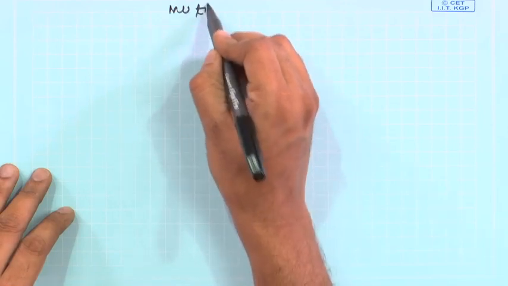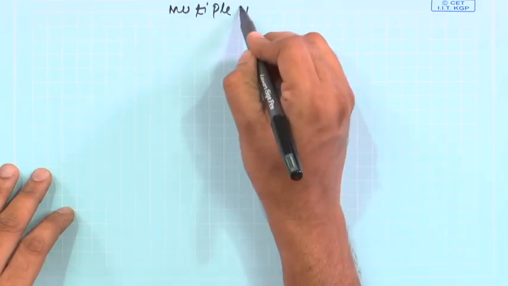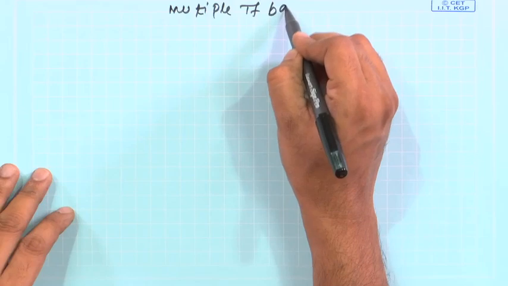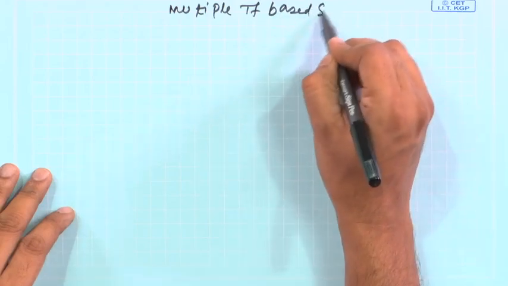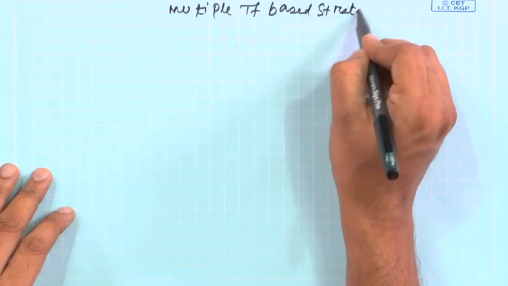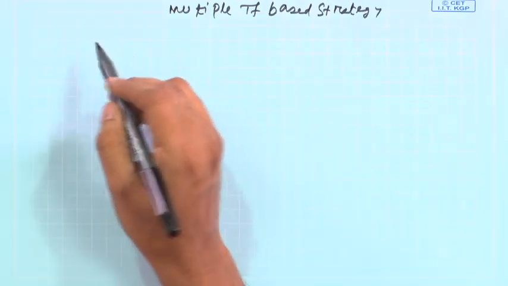So, we will go from single transformation to multiple transformation, that is basically what we are doing. Now, in the next problem we will try to figure out a multiple transformation based strategy and how it solves one of the problems which we will be dealing with next.